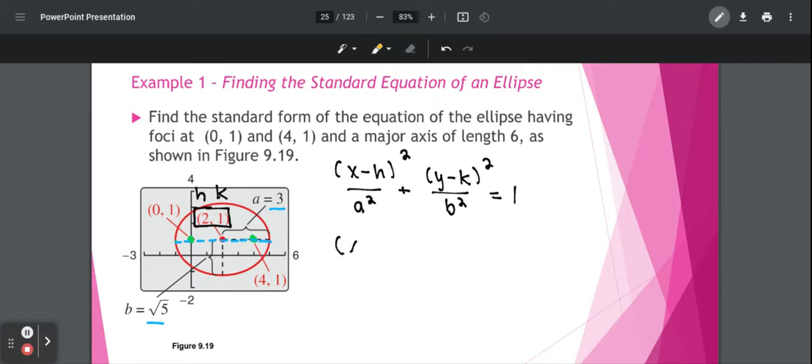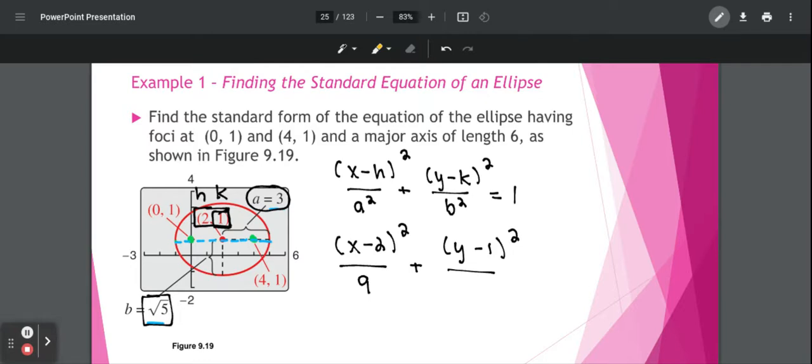So we could say (x minus 2) squared over a squared. a is 3, so a squared is 9, plus (y minus k) squared, so k is 1, so (y minus 1) squared over b squared. If b is the square root of 5, then b squared is 5, equals 1.